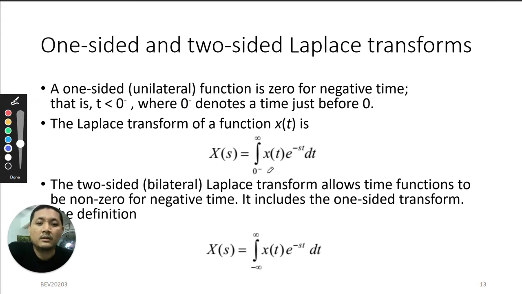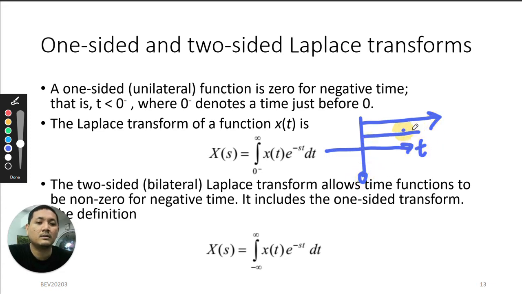You can see that for one-sided, anything below 0 is just 0. So x(t) only exists from 0 to infinity, the positive right-hand side.